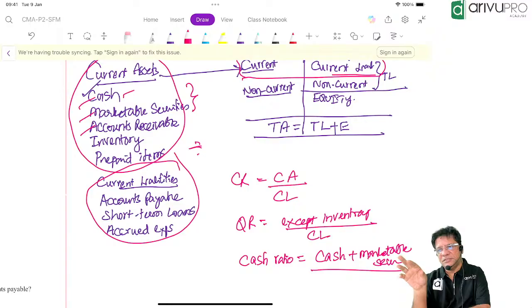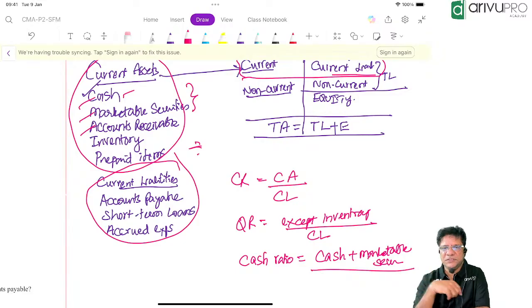Marketable securities are also called money market securities, meaning the short-term market. You deposit excess cash in short-term market securities. There are many examples, like commercial paper; there is a separate chapter and we will deal with that.